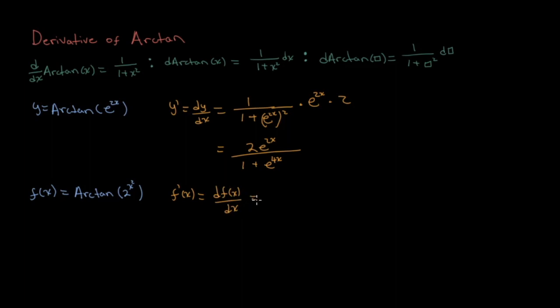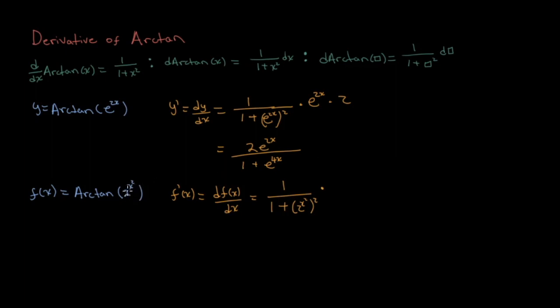Another way of writing it, this is known as Leibniz notation, is equal to 1 over 1 plus this entire term here, so 2 to the x squared, times the derivative of this entire block here.